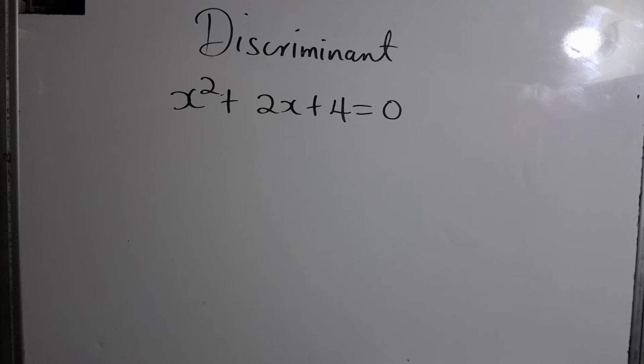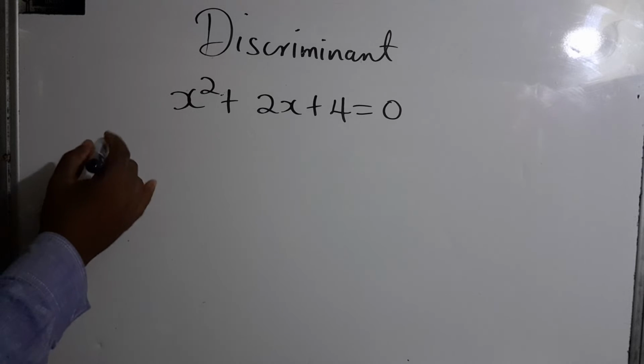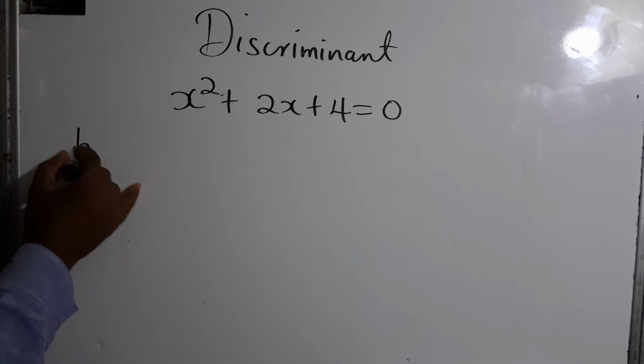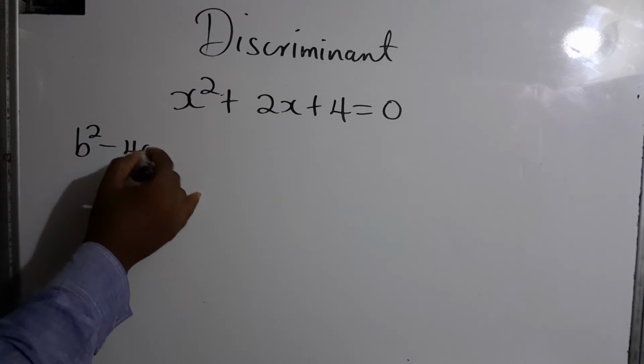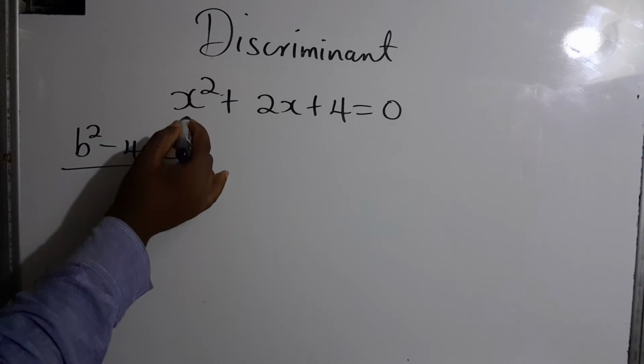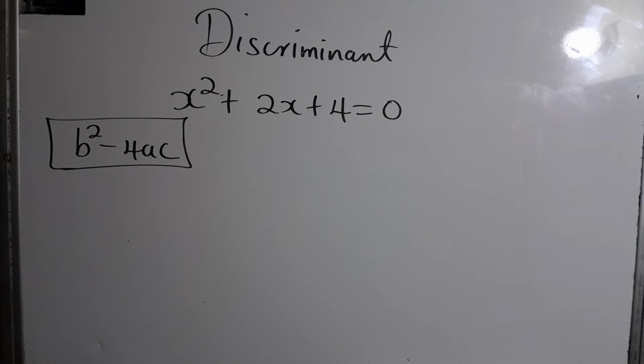Alright guys, so we have x squared plus 2x plus 4 is equal to 0, and we are asked to find the discriminant. We're supposed to use this formula, which is b squared minus 4ac. But before we look at the formula, this is the rule.